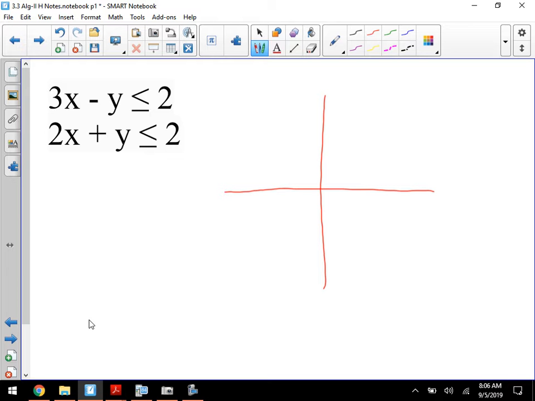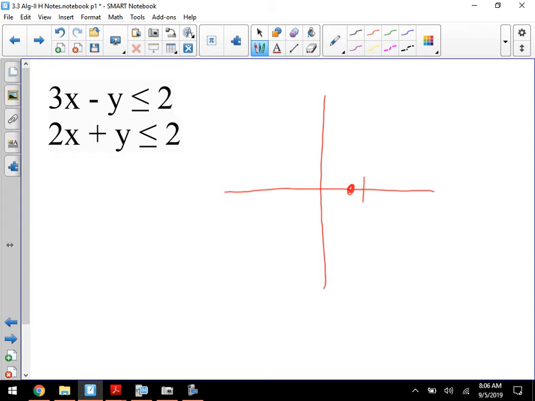So with this first one, we have 3x minus y is less than or equal to 2, and 2x plus y is less than or equal to 2. So cover and solve. What's your x-intercept for the top equation? 2/3, okay? So x-intercept is 2/3. I'm going to say 1 is here, so I'll put 2/3 here.